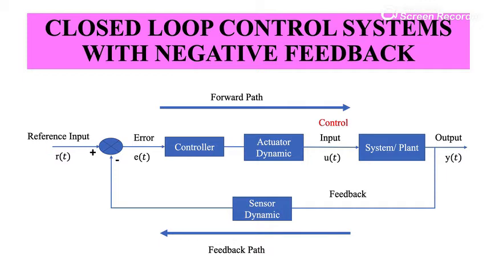Now how do I realize the calculated control input in practice? I may put a motor at the steering linkage to rotate it by the desired angle, whatever the controller calculates. So let us say at an instant of time I want the steering column to be rotated by 40 degrees. Now the question is, do I achieve that 40 degree steering angle instantaneously?